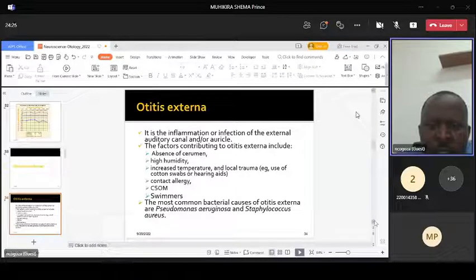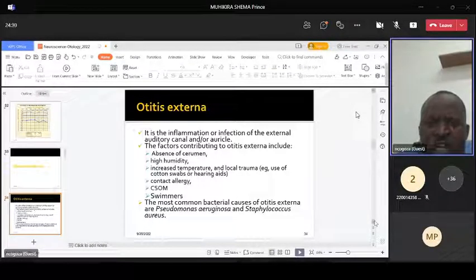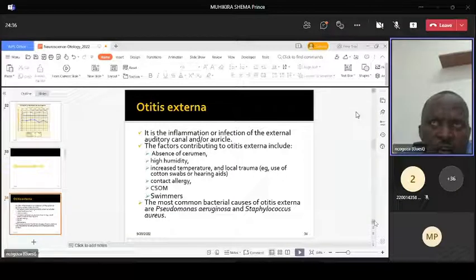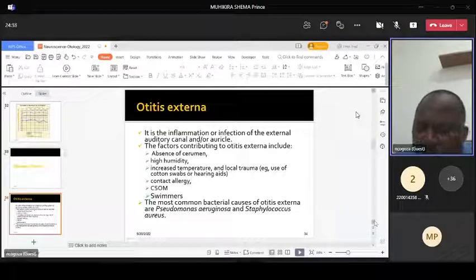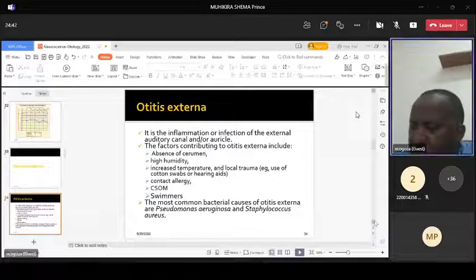What you have to understand is that it's an inflammation of the outer canal or the auricle. If we talk about inflammation, you understand? Inflammation means swelling, features of inflammation. Do you know the features of inflammation?